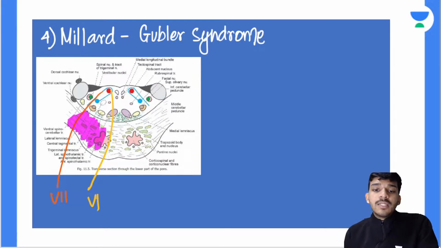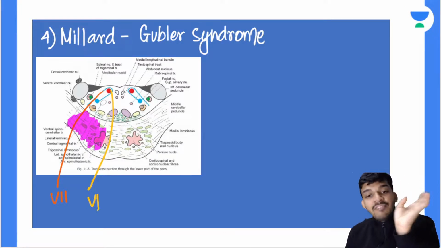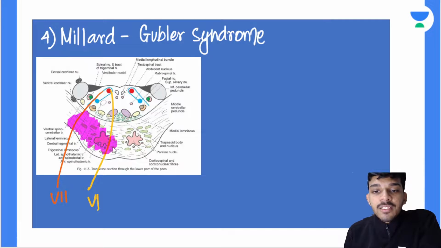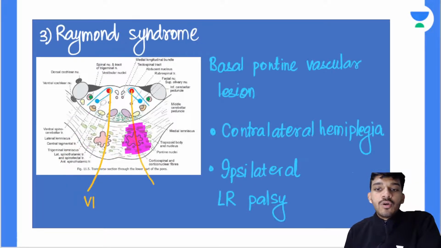In Millard-Gubler syndrome, you can even have involvement of the abducens nerve. So it's just an extended form of, let's say, Raymond syndrome. Same basal pontine vascular lesion. The only thing is it also involves the facial nerve.